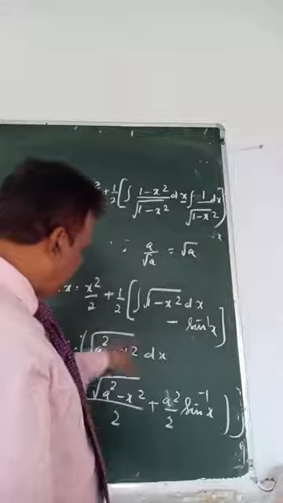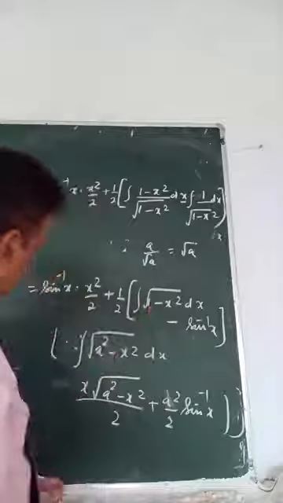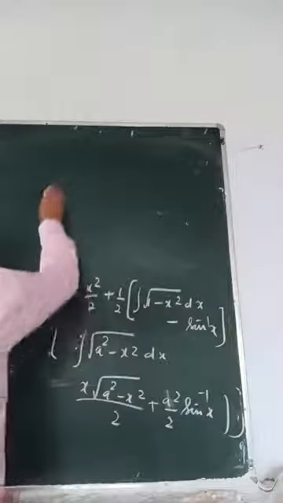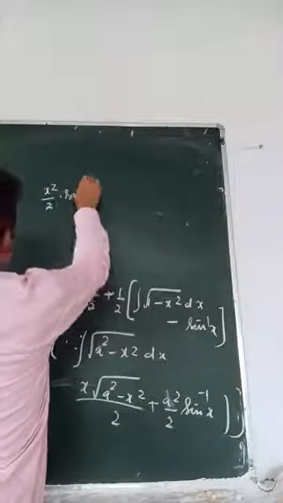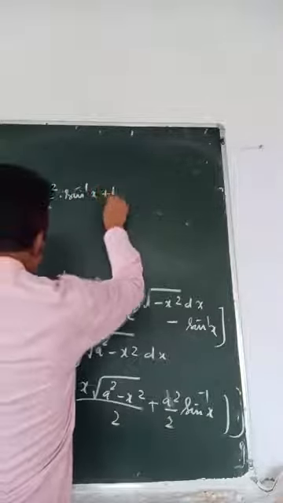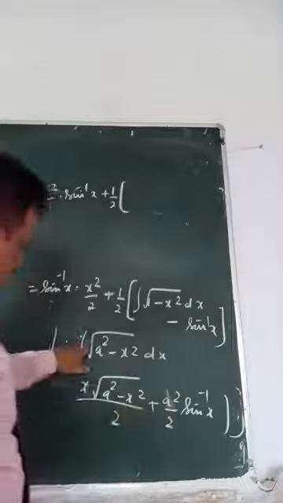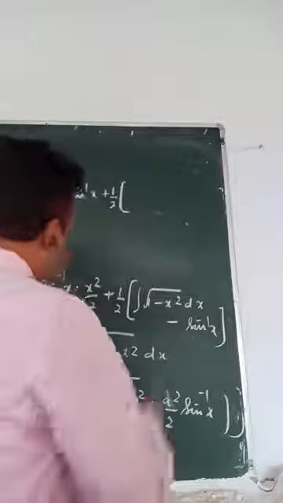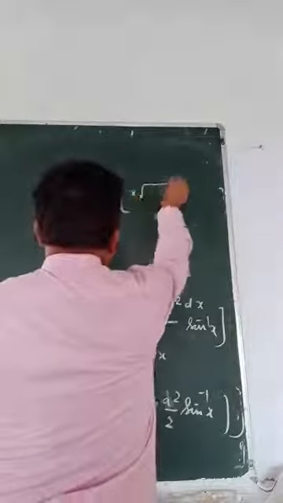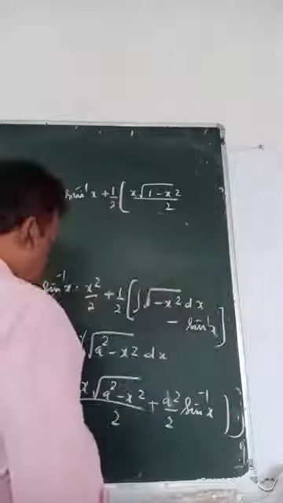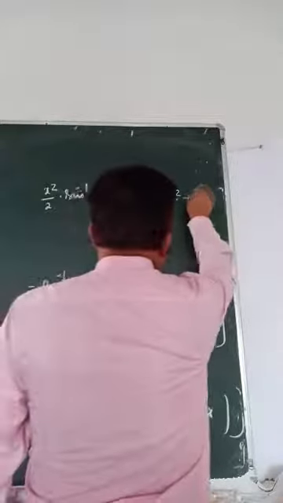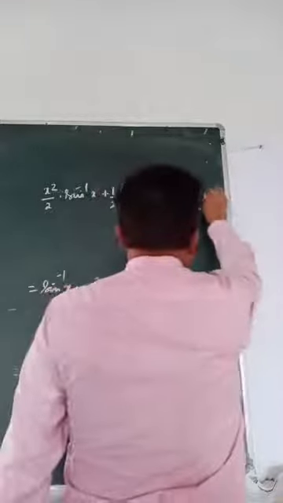So in place of a you have got 1. So continue in that way. You can write here x square by 2 sine inverse x plus half outside. If I look at x into integrand by 2, x into root of 1 minus x square by 2, then plus 1 square by 2 sine inverse x.